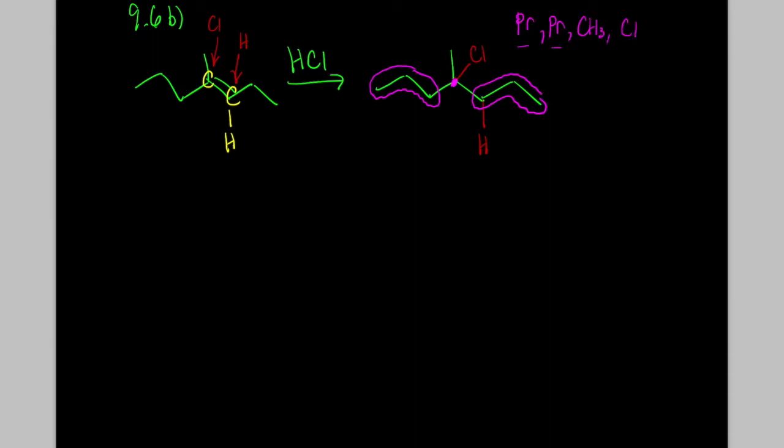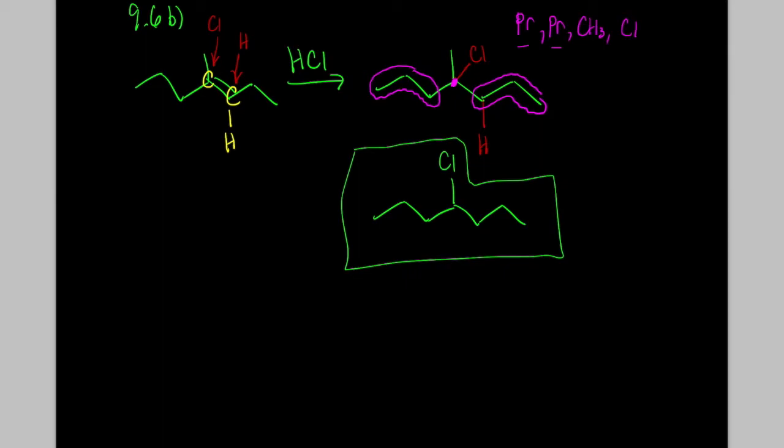Since it does not have 4 different groups attached to that carbon, it is not a stereogenic center. We can just draw a line drawing to illustrate the product. There's only one product here, and it's not chiral. Let's do problem C.